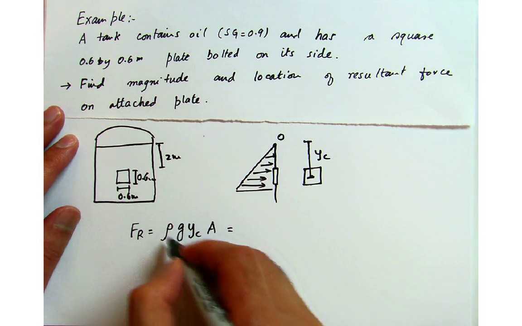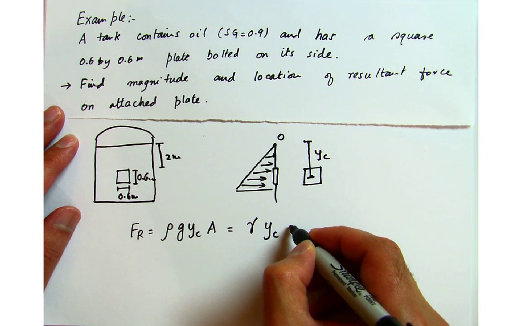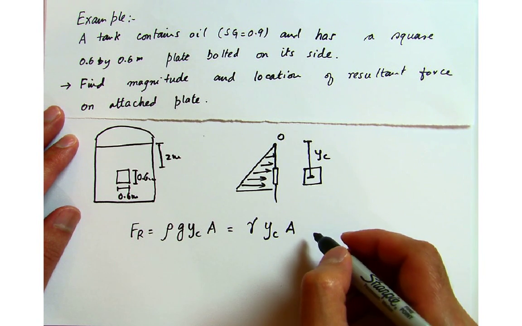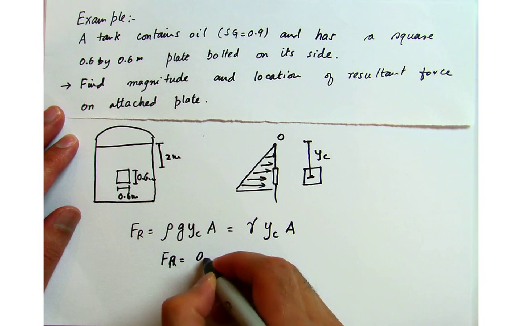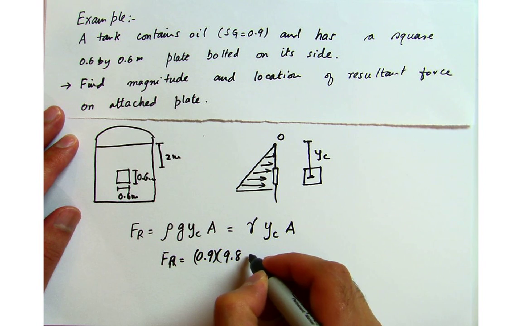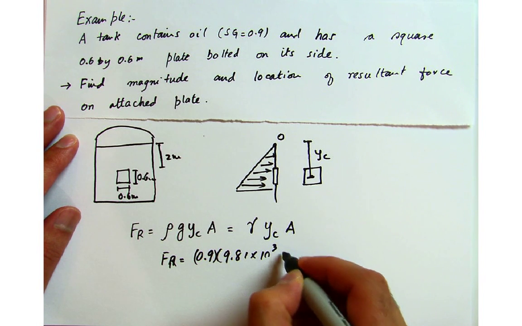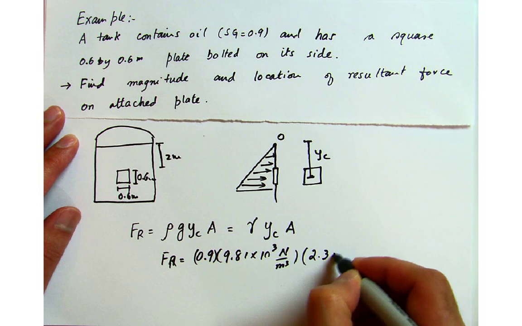This is one way, or I can write this as gamma times yc times the area. So the resultant force is equal to 0.9, which is the specific gravity, times the specific weight, 10 raised to power 3 Newton per meter cube. And the units have to be consistent.